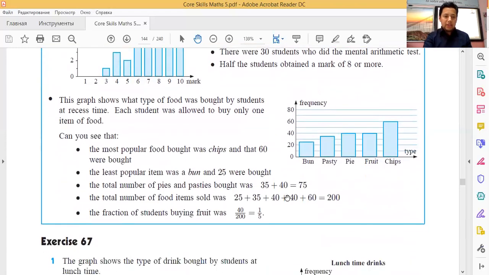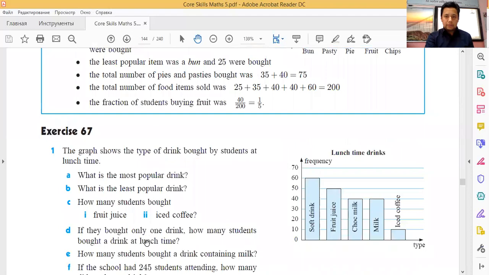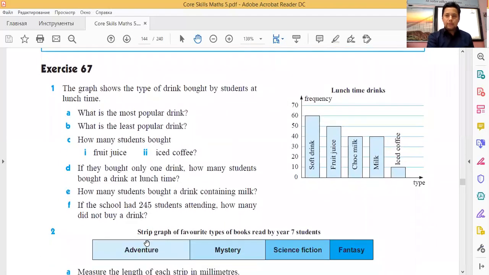Now, we have exercise 67 here. You can answer all these questions. If there are any unknown words, you can translate by your dictionary, use your dictionaries. The first question, the graph shows the type of drink bought by students at lunchtime.